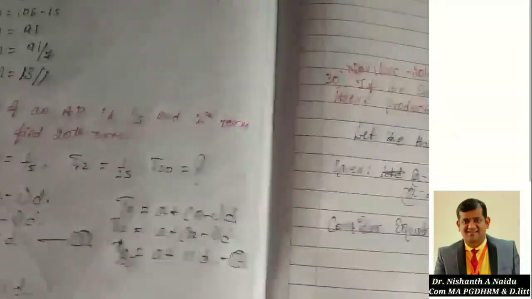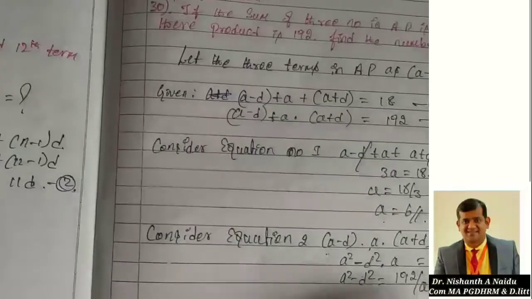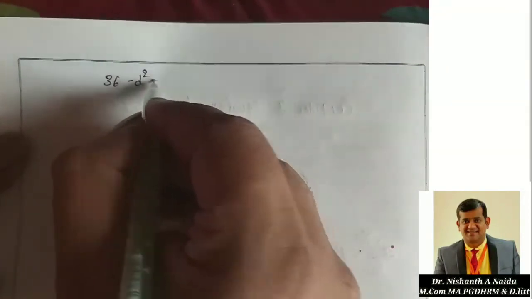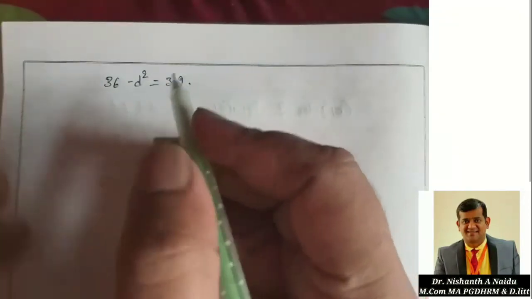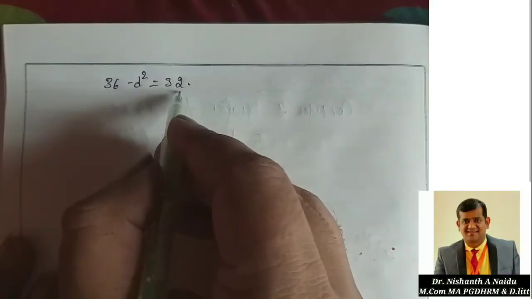Okay, so next step is 36 minus D square equals 32, since 192 divided by 6 is 32.